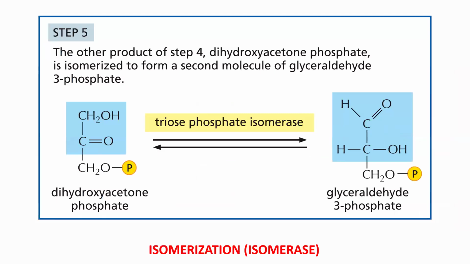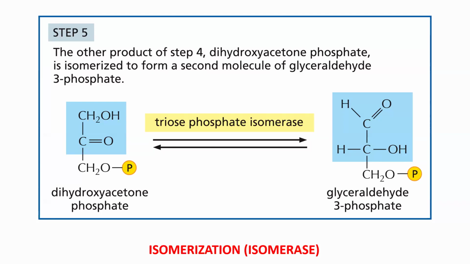Step 5. Well, it would be pretty inefficient to have to treat DHAP and GAP separately. They're separate molecules, so they would need separate enzymes to continue on and become pyruvate independently. So here in step 5, the cell does something really clever. It does another isomerization reaction, and it isomerizes, or rearranges, DHAP into a second GAP molecule.